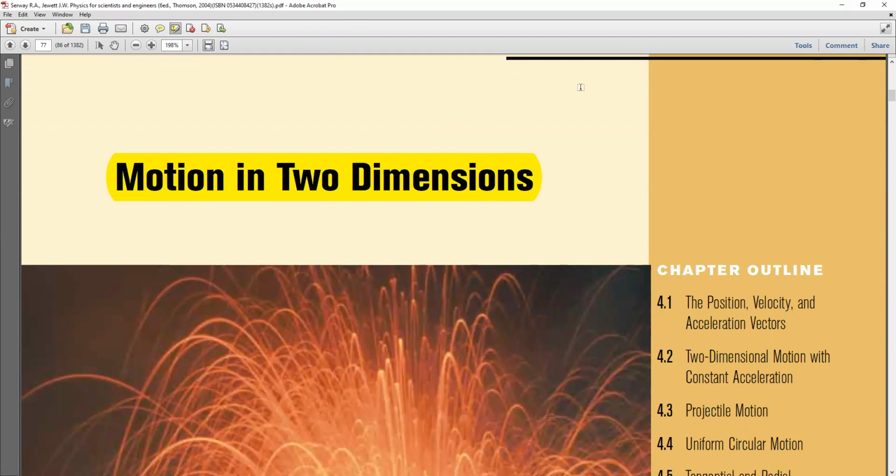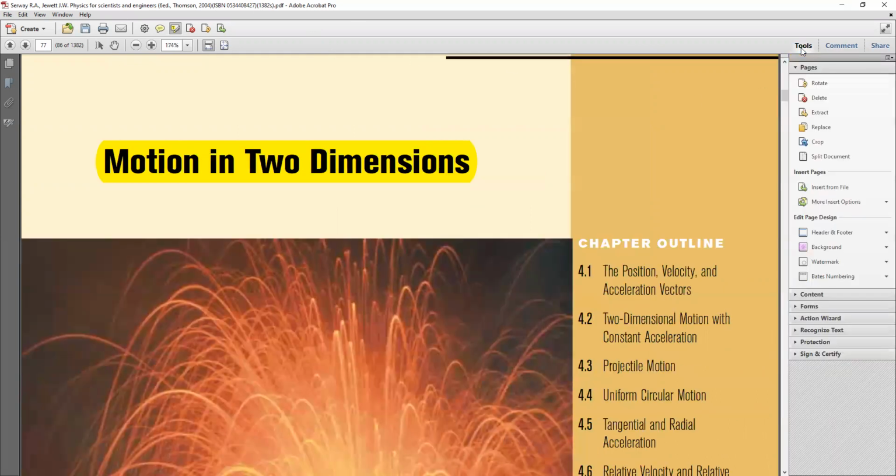So in motion in 2 dimension, okay, just wait, I have to find the pointer. Where is the pen?